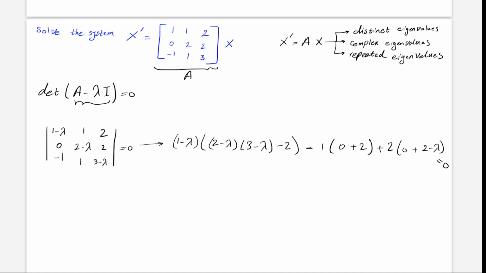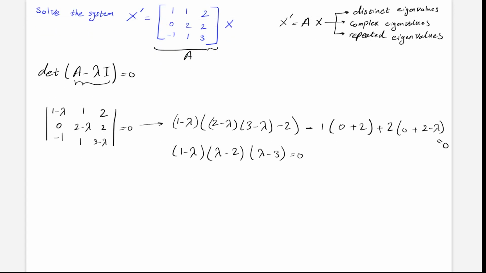If we simplify it, which is easy, we get 1 minus lambda times lambda minus 2 and lambda minus 3 equal to 0. So from here, one of the answers is 1, the other is 2, and also 3.